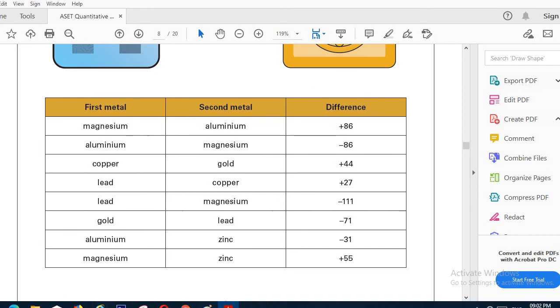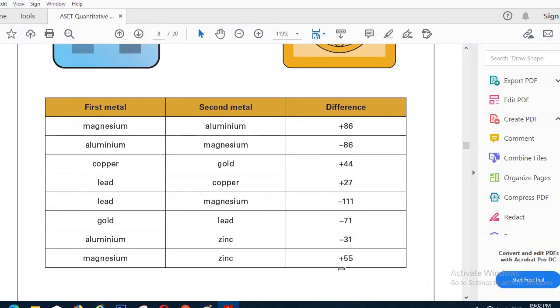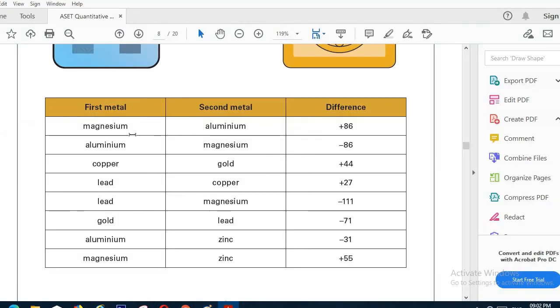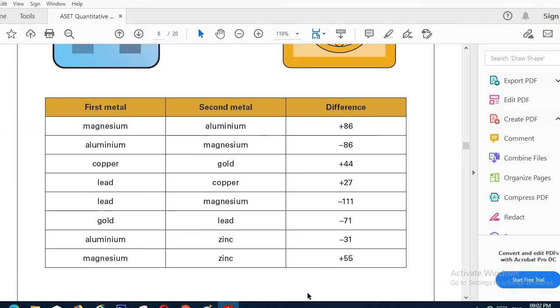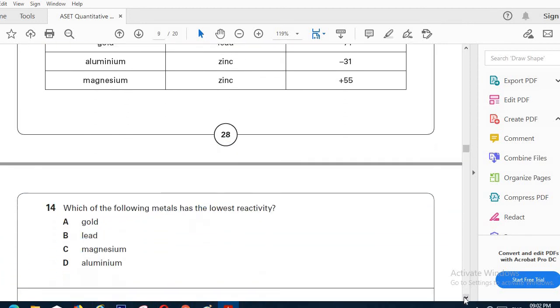Now magnesium minus zinc, magnesium is 86 minus zinc 31, that will give you 55. So now all the differences are used to display the position of the reactivity of these metals here. Now we can go to the questions based on this table.